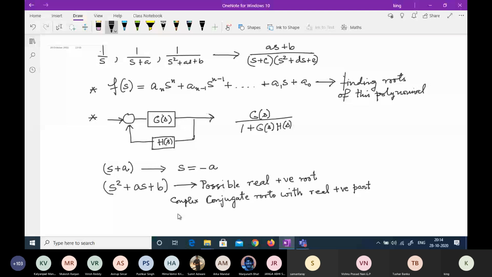You can also have S square plus AS plus B with A and B both positive.